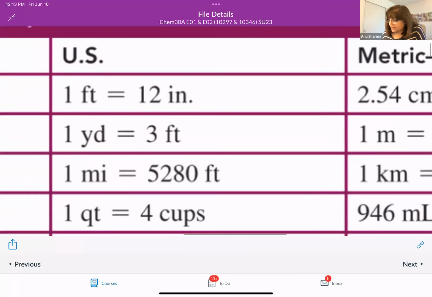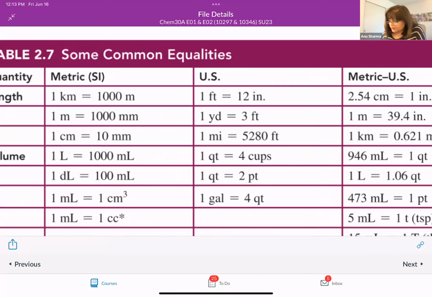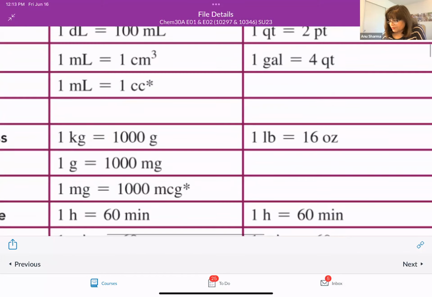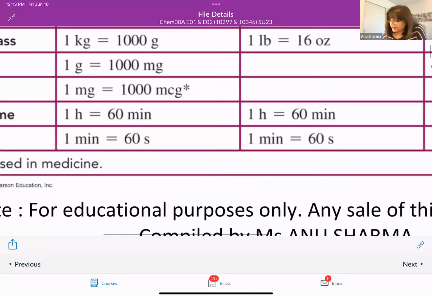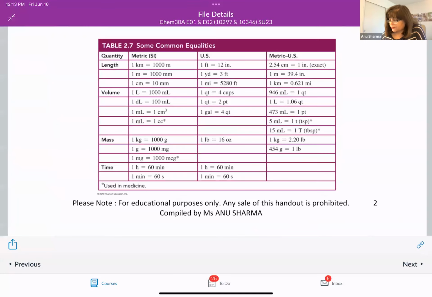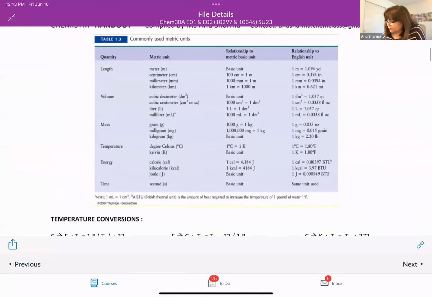Then you're also given the US system, how many feet is how many yards, and how many feet is a mile. The other metric equalities are also given, like 1 deciliter is 100 milliliters. You're welcome to add more from your side, but for general use, some are here and some more are here.